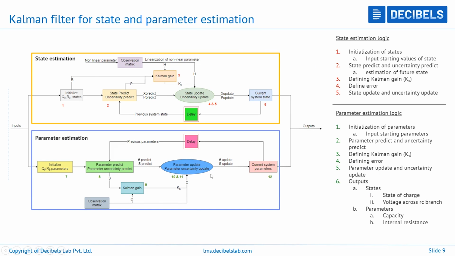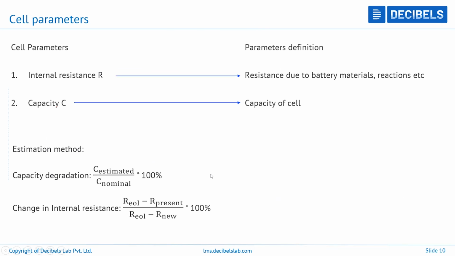Here you can see the cell parameters. What are all the internal parameters that need to be estimated? There are actually a lot of parameters. If you split up this entire internal resistance R that we see here, we can split it into many components, like R naught. R naught stands for ohmic resistance.